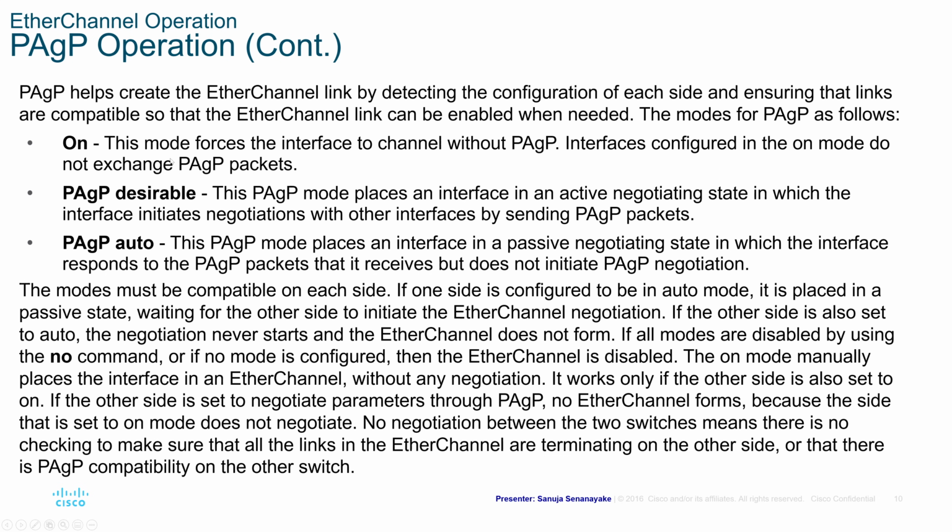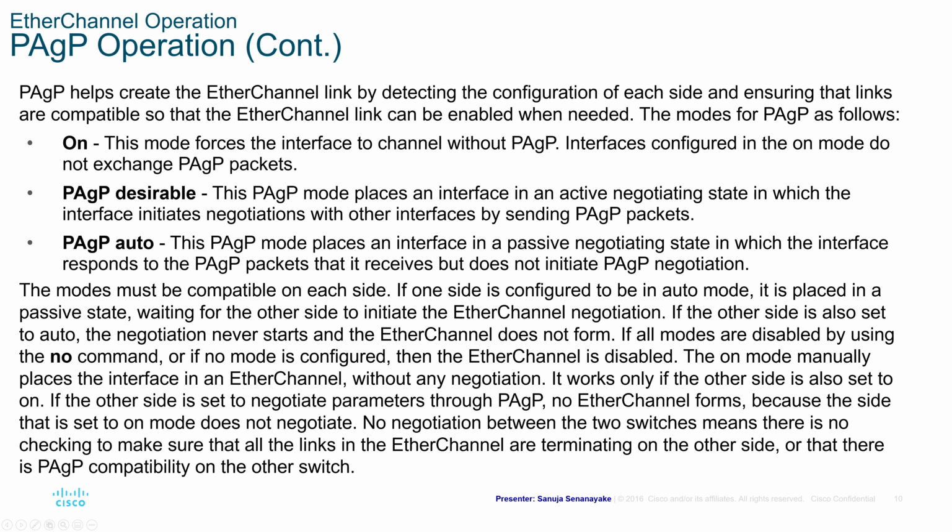Again, the on mode will not send any PAgP packets. The desirable mode is in an active negotiation state and it will send out PAgP packets. The PAgP auto mode is in passive negotiation mode as opposed to active negotiation in desirable. So in desirable, it is active negotiation.